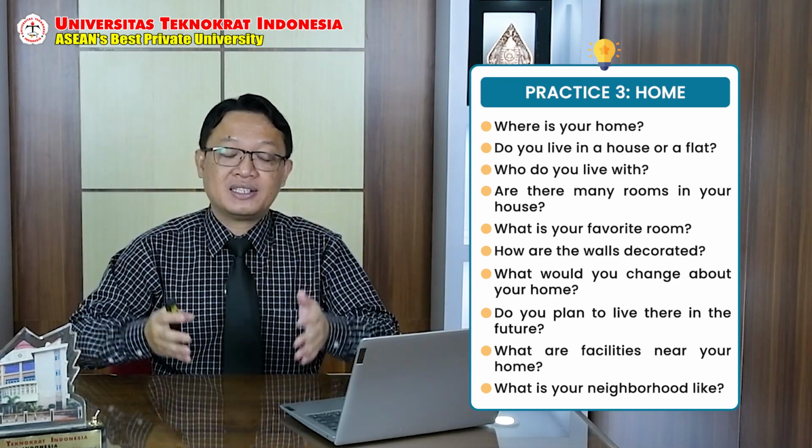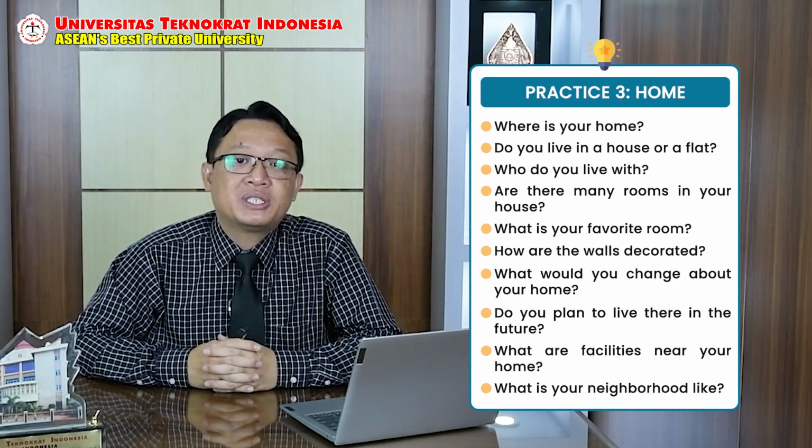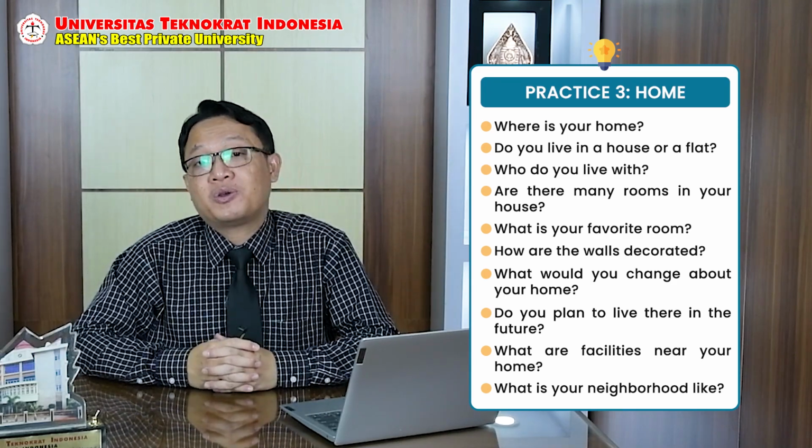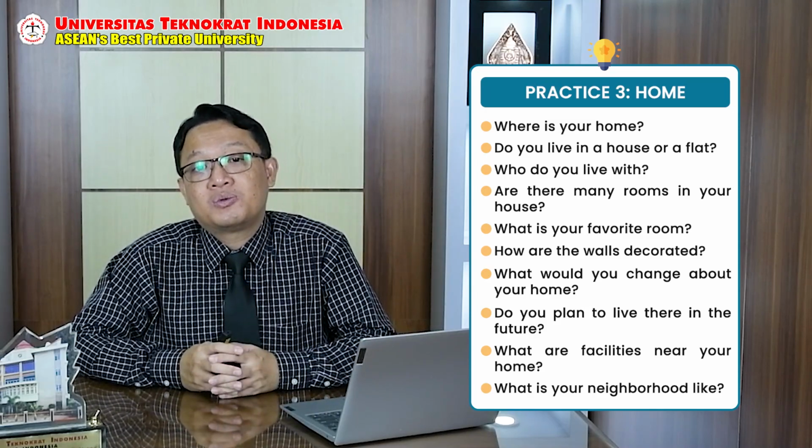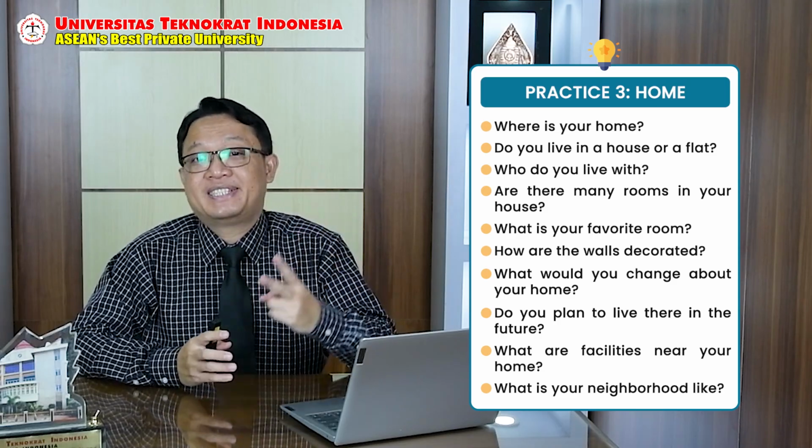Okay, these are some possible questions that you can practice at home with your friends. Remember, students, for this practice 3, you need to also record it twice. Just practice at home and choose the best recordings, and we will discuss it later in the class.